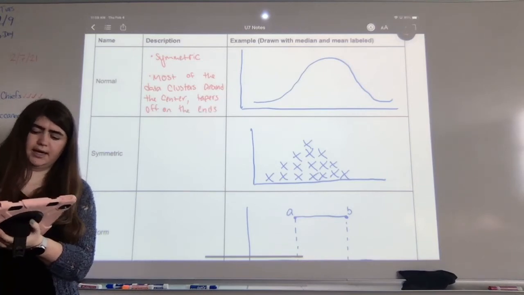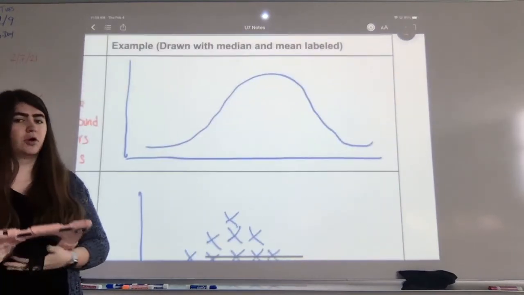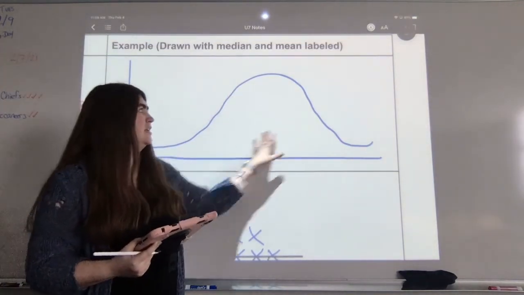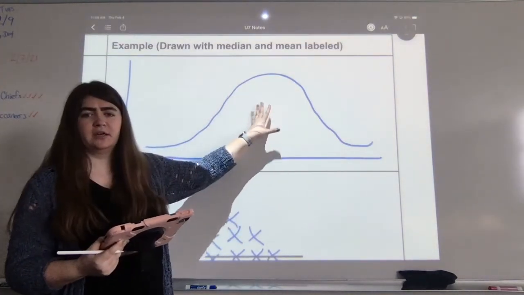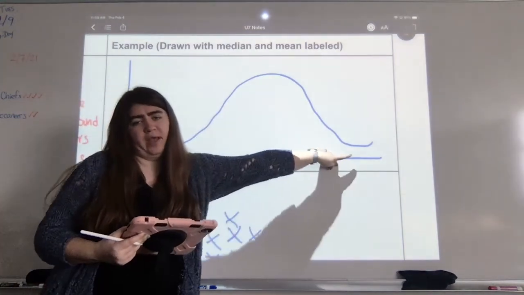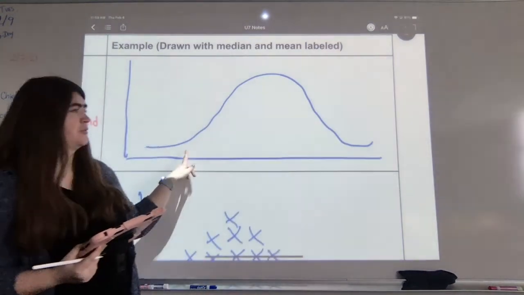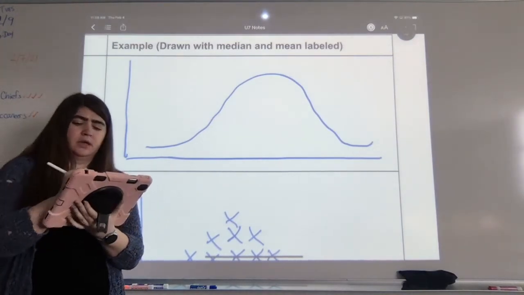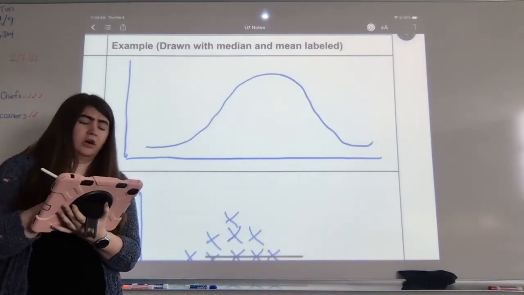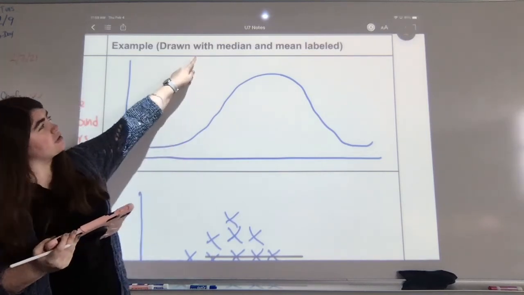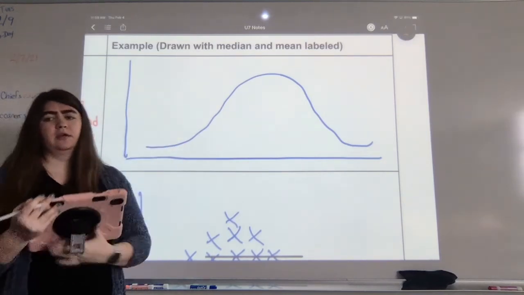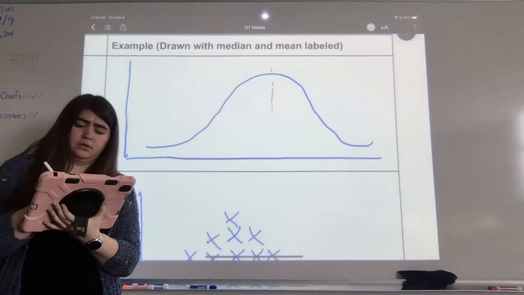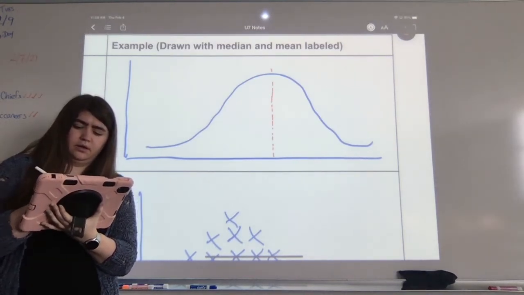So what I'm getting at here is that since most of our data is around the center, that is within the main part of the hill, and then it tapers as you get towards the bottom of the hill on both sides. And again, with most of our data being centered around the middle, the median and the mean both go right down the middle of our data set.